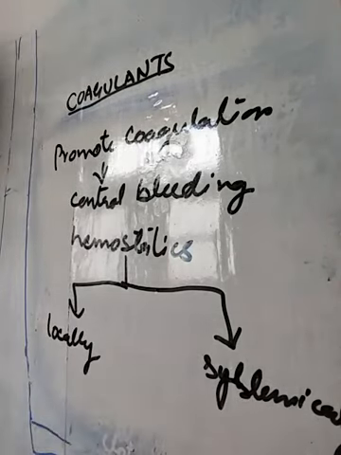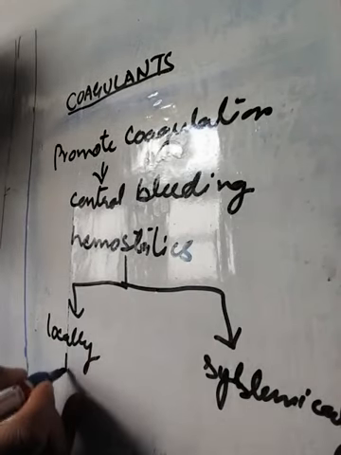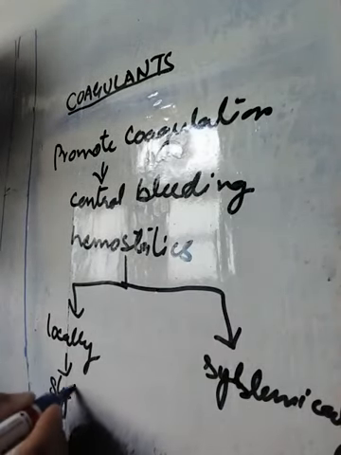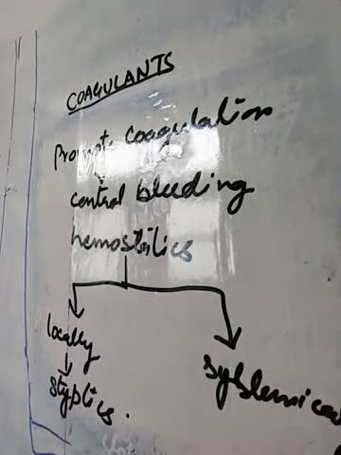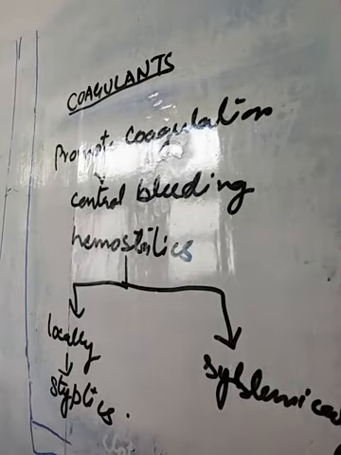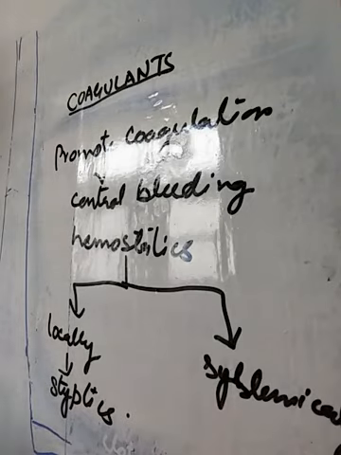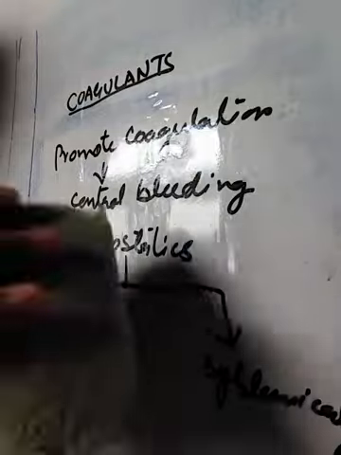These locally hemostatics are also known as styptics. This was about the different types of coagulants. Now, let us study about these different types of styptics.